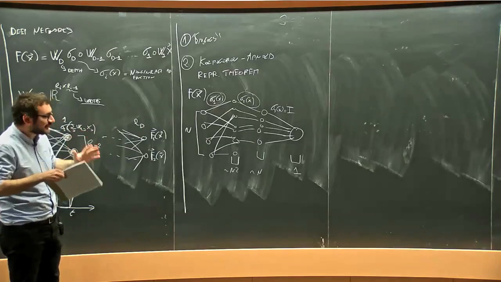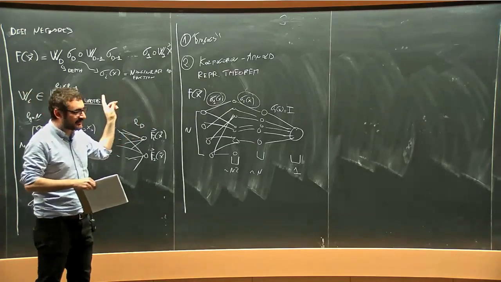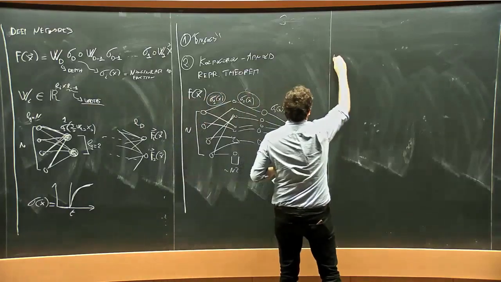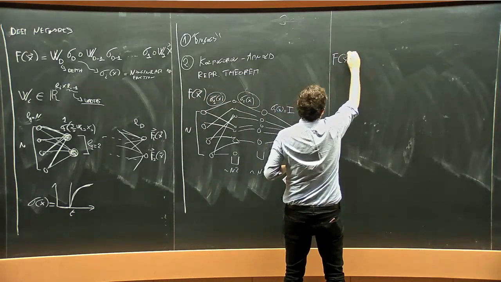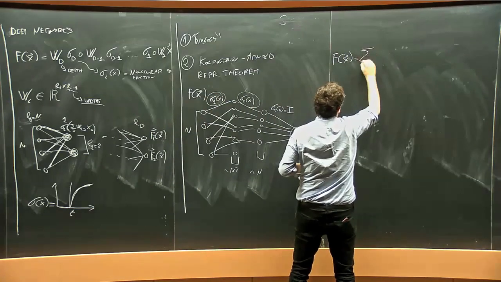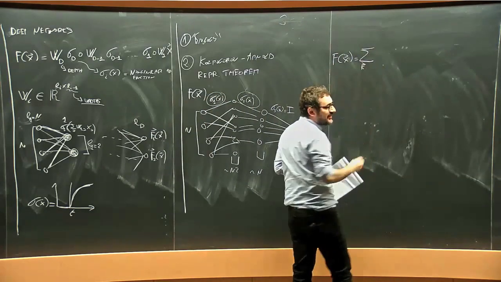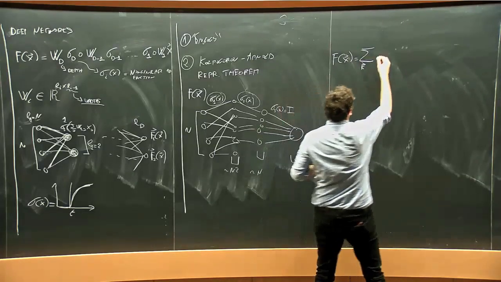But this is a hint to the fact that if we use a functional composition, we can at least hope to represent a high-dimensional function more compactly, as opposed to, for example, and this is the thing that I wanted to mention here, writing a representation of my f of x in terms of a finite basis. So imagine that I wanted to do, let's say, a Fourier decomposition of my original function.